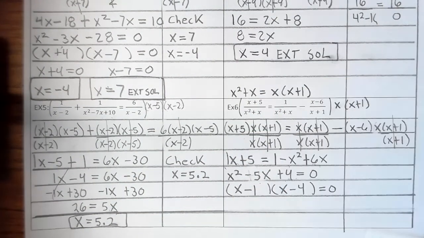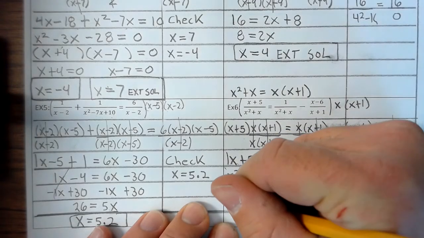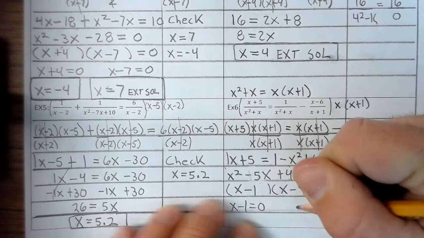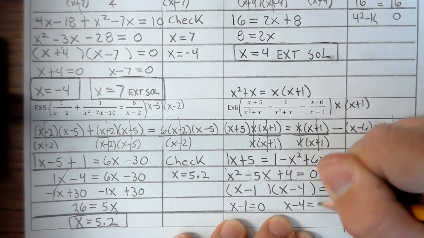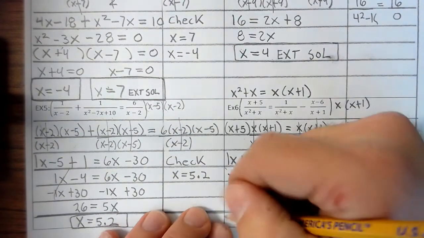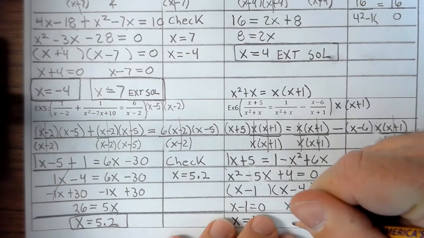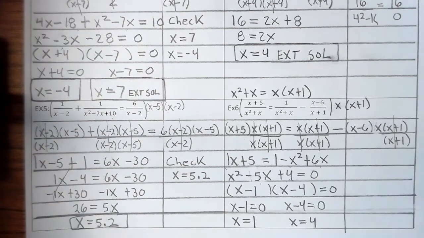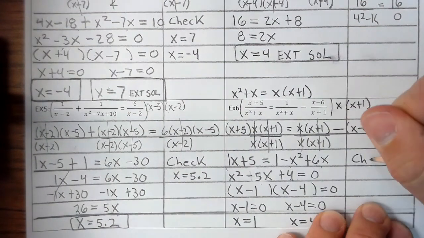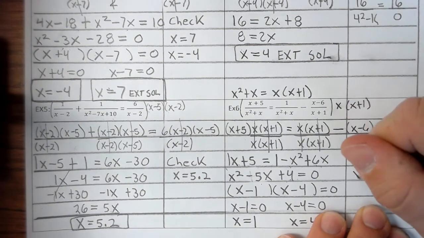Okay. So then you set those equal to 0. x minus 1 equal to 0, and x minus 4 equal to 0. So x equals 1, x equals 4, and let's check. So we're going to check x equals 1, x equals 4.